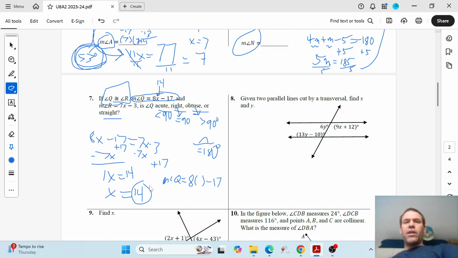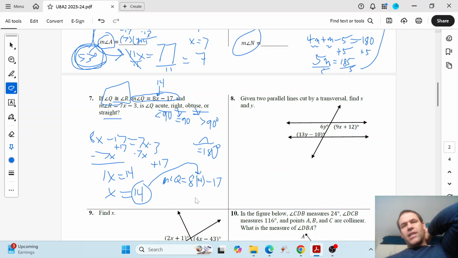And we're just plugging in 14 in place of x. So we'll erase x and in its place we'll put 14. So we're going to do 8 times 14 minus 17.